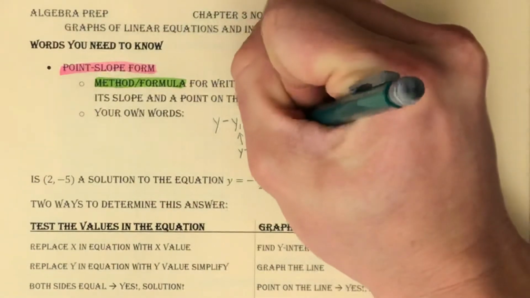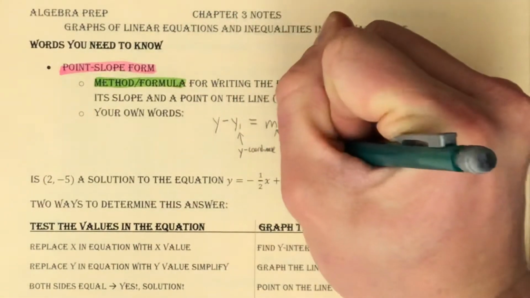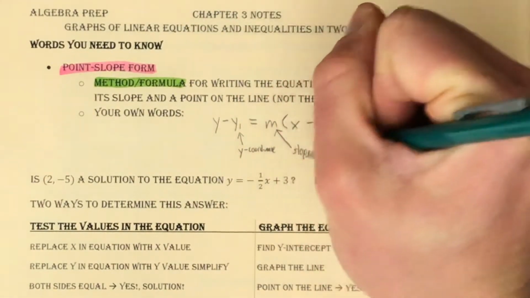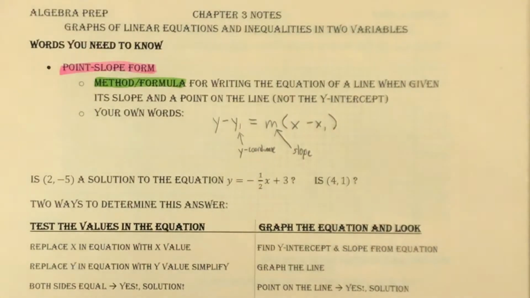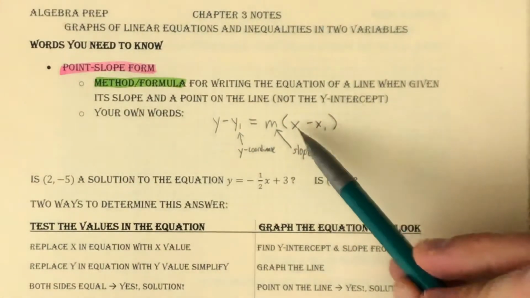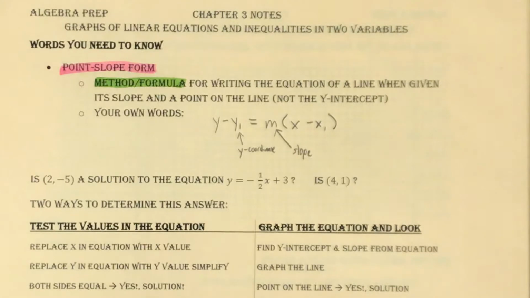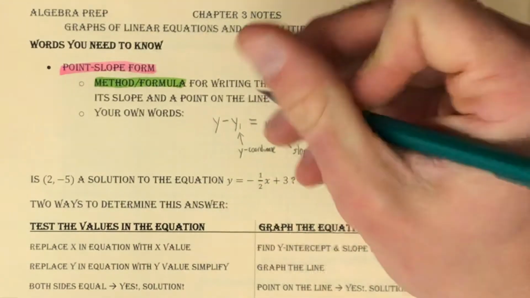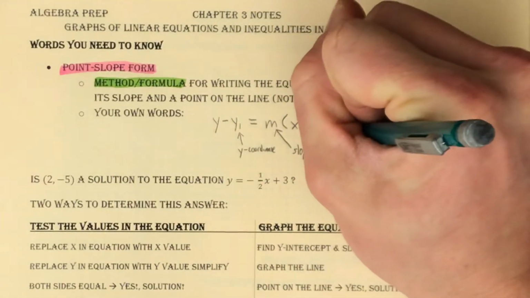The m here, we've dealt with that before, and we know that that stands for slope. So we're going to input our slope into that spot. And then the x, again, y equals mx plus b, the y and the x stay as y and x, right? They represent another potential ordered pair. And then our last one here is the x1, right?